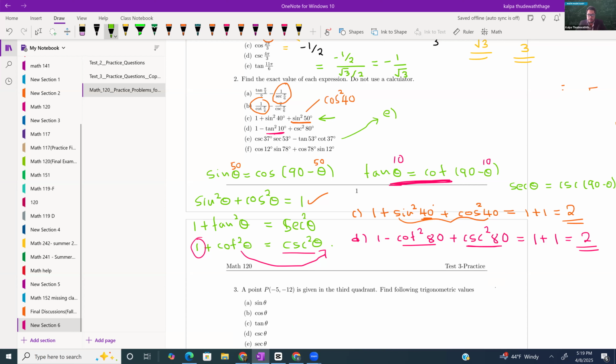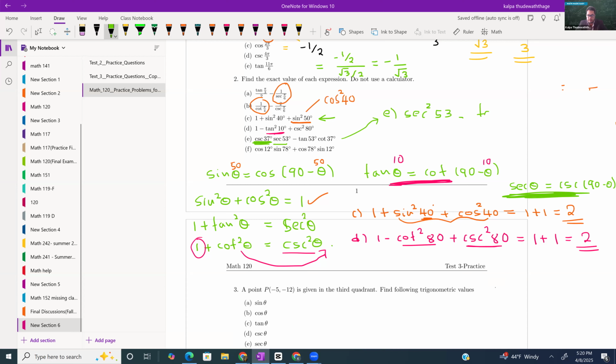So cosecant 37, you know, cosecant and secant are cofunctions. For cosecant 37, I can write secant 53. I have secant 53, so I can put a square.